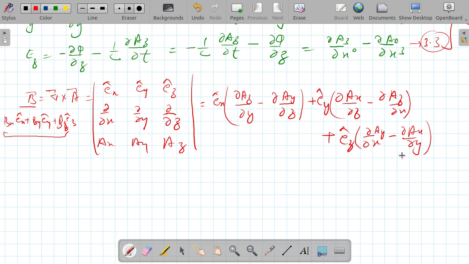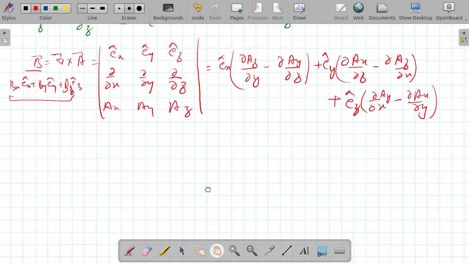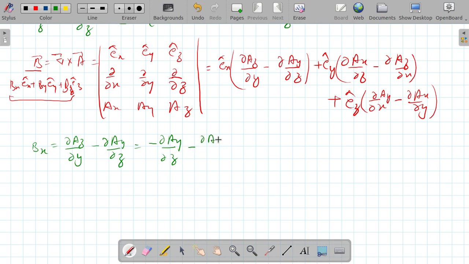So using this, I can write down different components. Bx is equal to ∂Az/∂y minus ∂Ay/∂z.